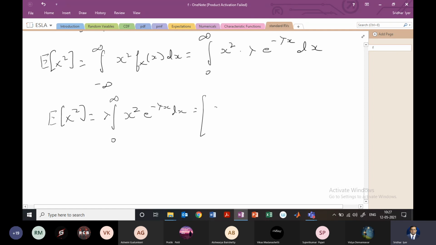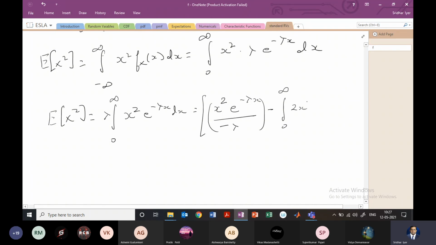So you have u as it is, that is x square e raised to minus lambda x. There should be an integral for e raised to minus lambda x, so you get e raised to minus lambda x divided by negative lambda, minus integral 0 to infinity of the differential for x square.